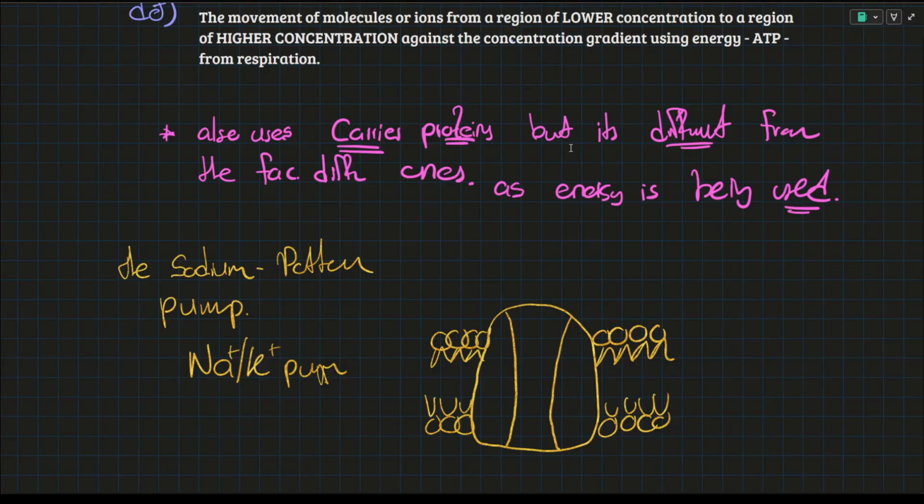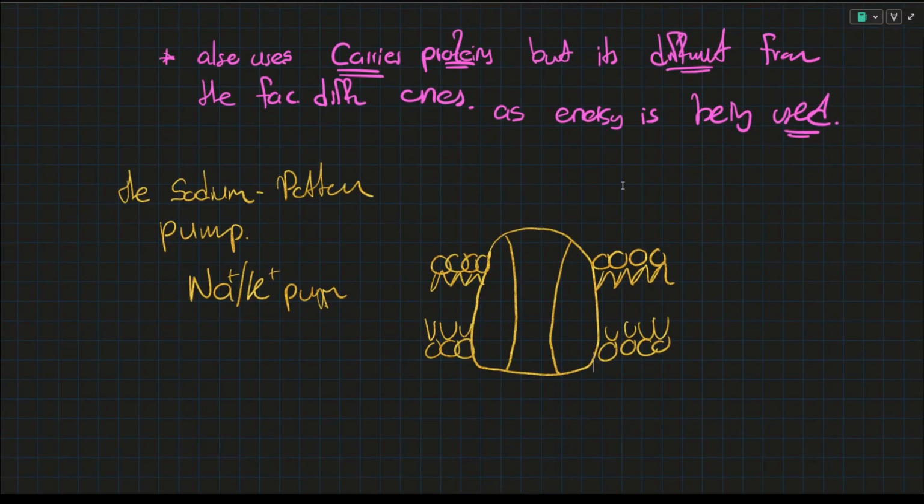And this is going to transport sodium and potassium like this. 3 sodiums come in, and at the same time 2 potassiums are made to leave. More about sodium potassium pumps later. You don't have to know that much about them.